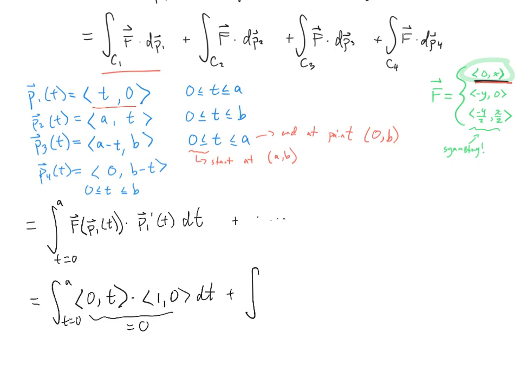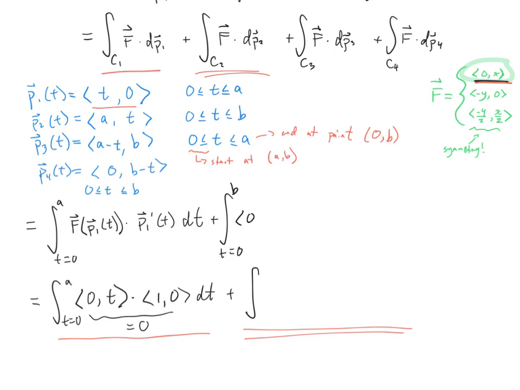So the second integral, so let's now do this one in double underlines. So here was the first, here's going to be the second. We're going to do the same sort of story, and let's fill in what it is above. So plus integral, for this one, t starts at 0 and goes up to b. That just is me looking at my coordinates that I picked here. F of p, f is always 0 comma x, and then I look over at p, and the x coordinate is just a.